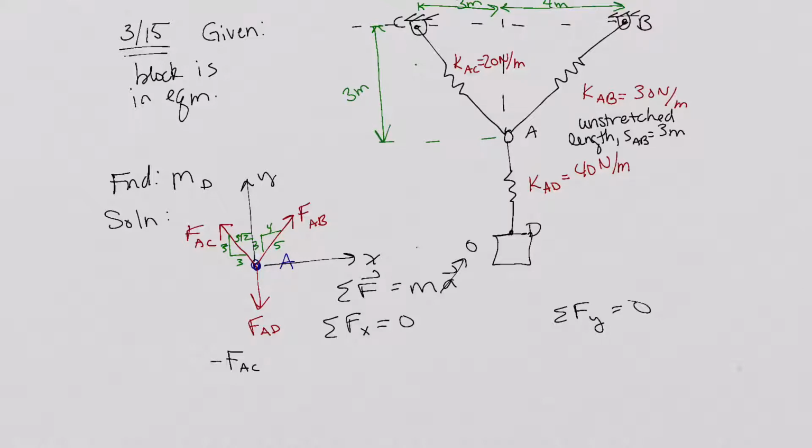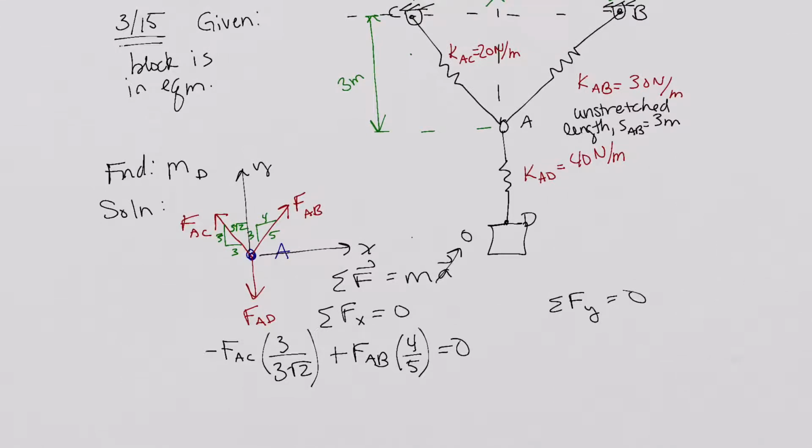So negative FAC times 3 over 3 square root of 2 would be that X component, and that's in the negative direction, plus FAB times 4 over 5, and that equals 0.